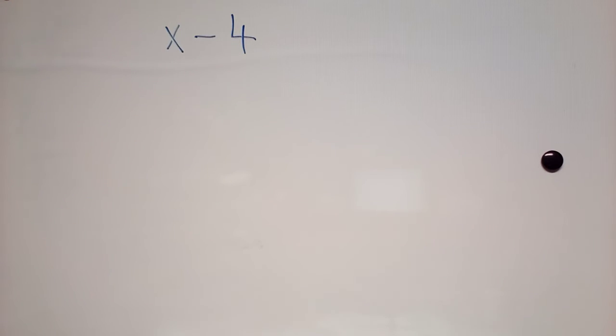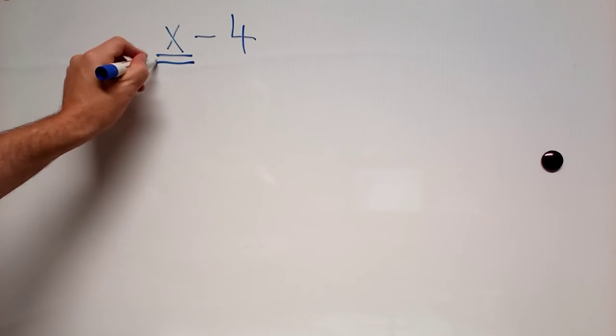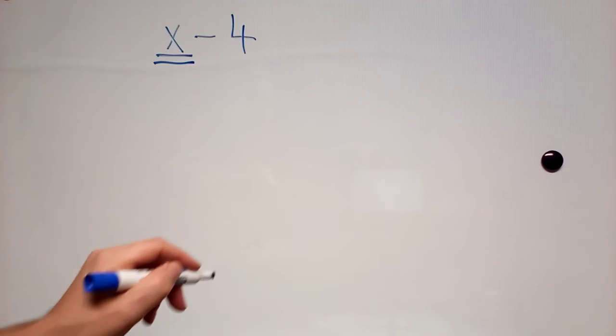Now you have to be careful with subtraction because the way it's worded is different. Addition, the order doesn't matter so much. But in subtraction it does. This is a number, decreased by 4.